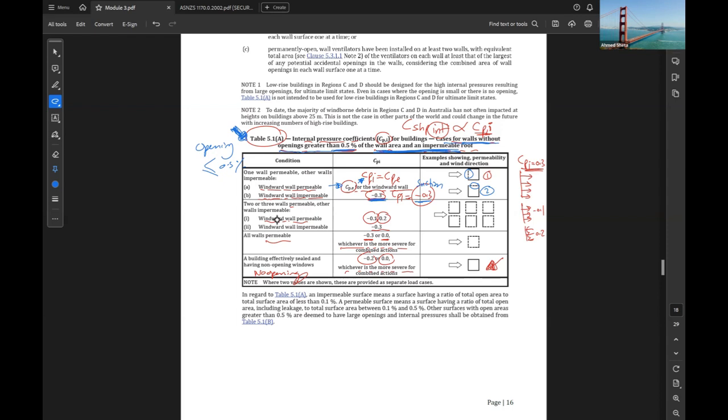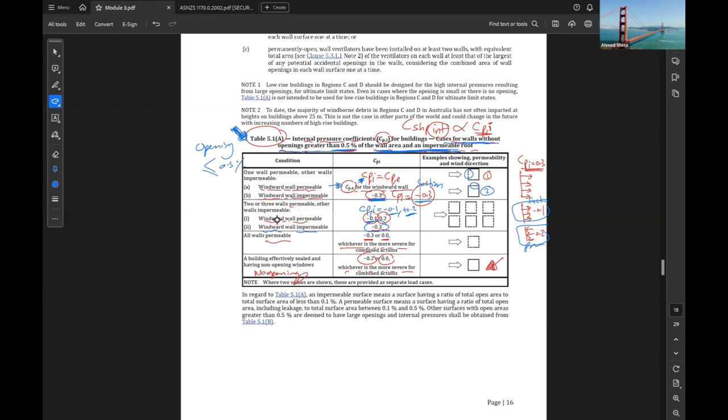If the windward wall is permeable, you take C_pi as negative 0.1 or positive 0.2. This means that we might have two cases: one case suction, one case pressure. In the other case, if the windward wall is impermeable, you take C_pi as negative 0.3.